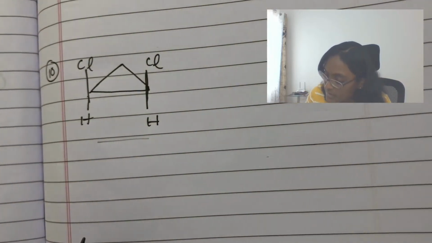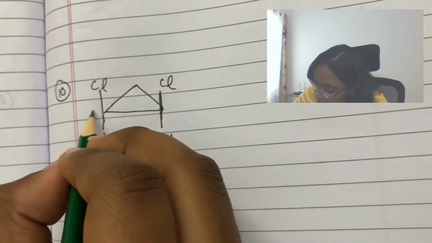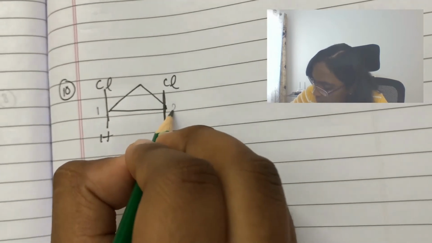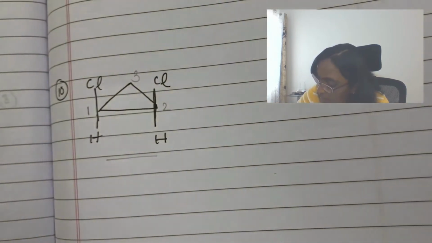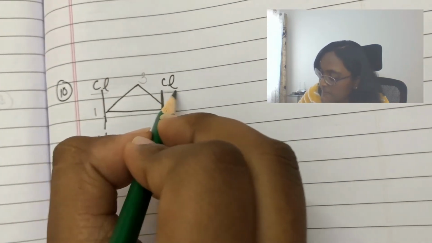The tenth task is this structure over here. So we see that this is a cyclic 3-membered ring going as 1, 2 and 3, and on the first and the second carbon there are 2 chlorine groups.